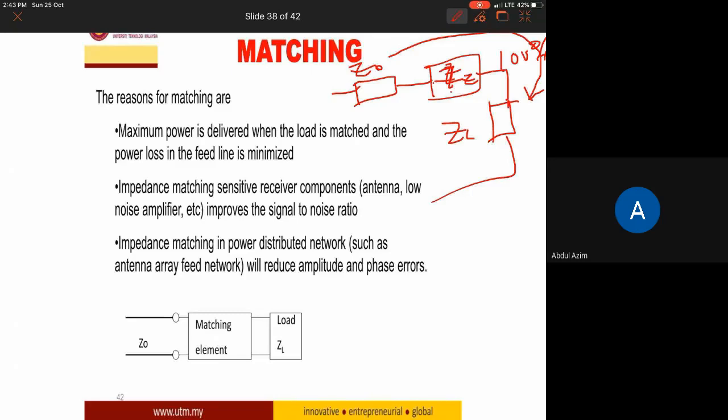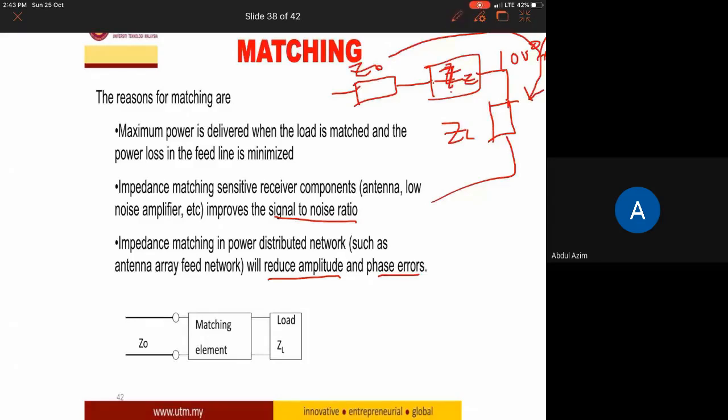When we are able to increase the maximum power delivered, we can improve the signal to noise ratio, and we reduce the amplitude and phase errors. So these are very important reasons for matching.